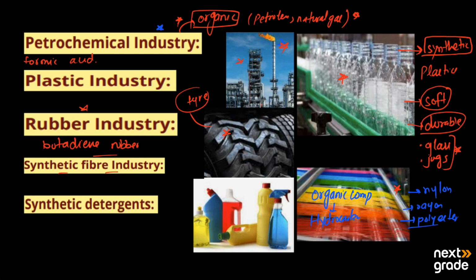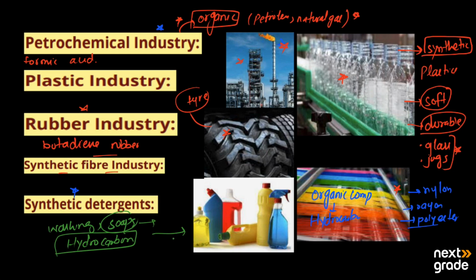And the last one is the production of synthetic detergents. All the synthetic detergents like washing powder, along with different soaps that work for washing purposes, are mainly produced by the use of long chains of hydrocarbons, and after their production they are used at domestic and industrial level.